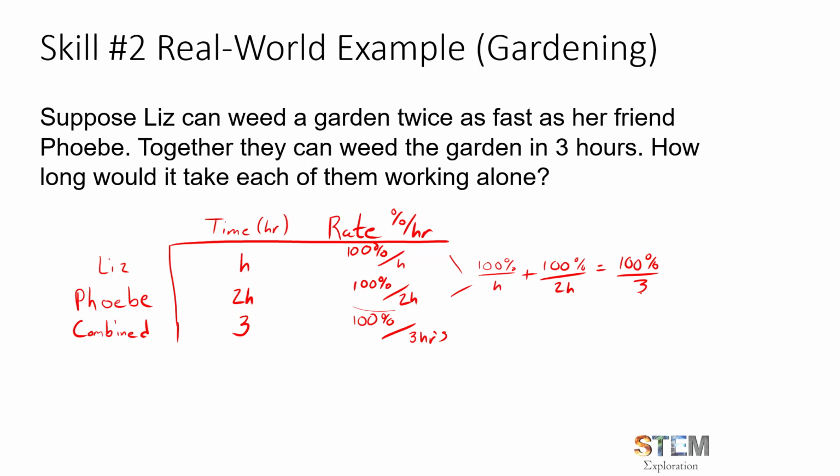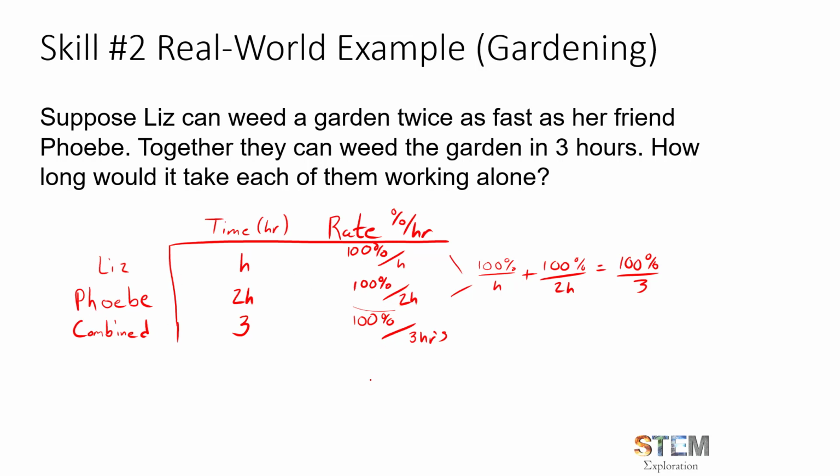All right. And some of you may be looking at this and thinking, oh, I know the answer. If you want to just simplify these rates out, I'm not entirely opposed to that, but I am looking for a step of work. I want to know you can set up these equations however you choose to solve this. I'm not trying to advocate that this is the only way to solve it, but this is how I'm going to solve this particular situation.